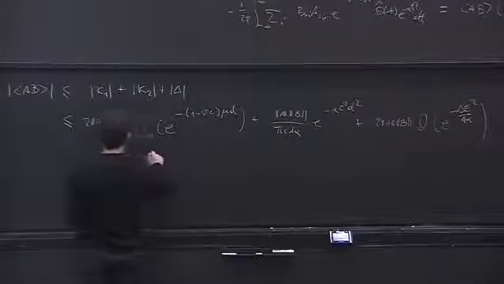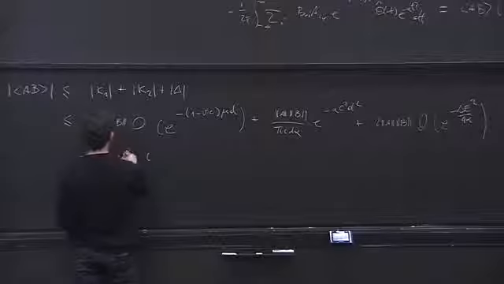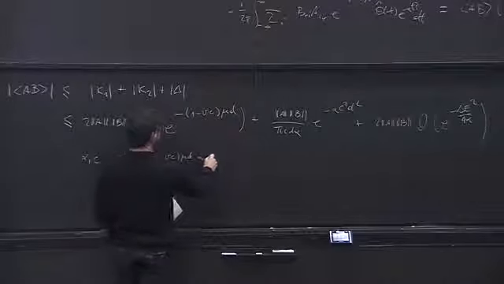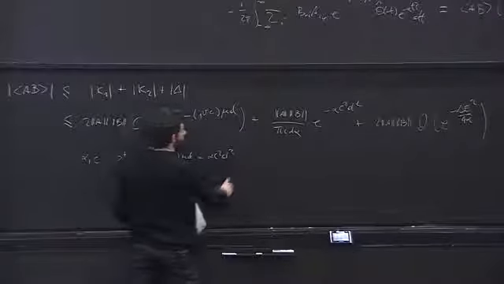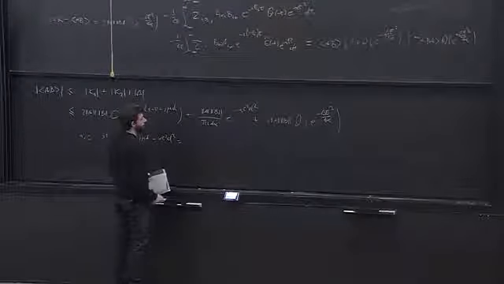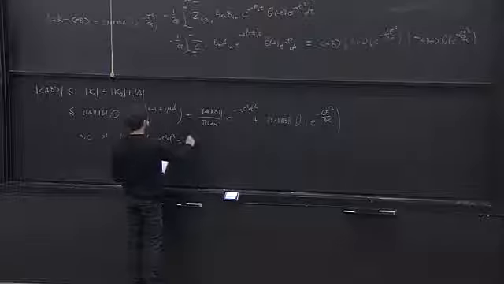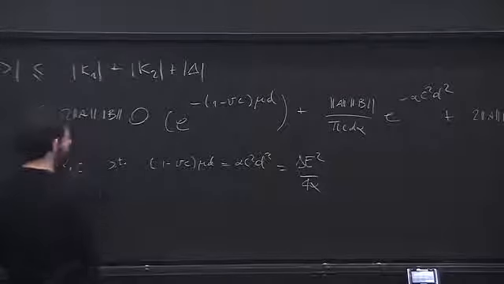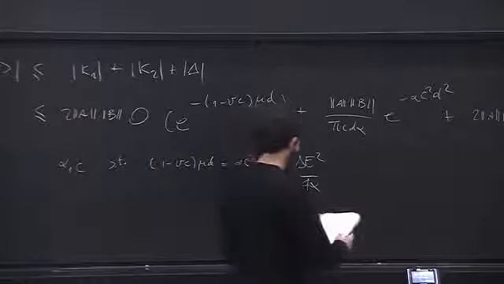So I will just choose alpha and c such that 1 minus dc mu d is equal to alpha c squared d squared is equal to delta E squared over 4 alpha. So you solve for this. I will not do the whole algebra.